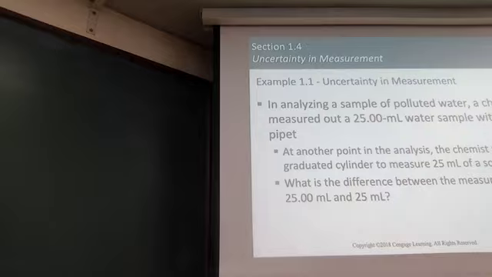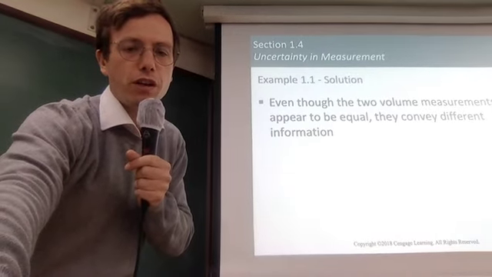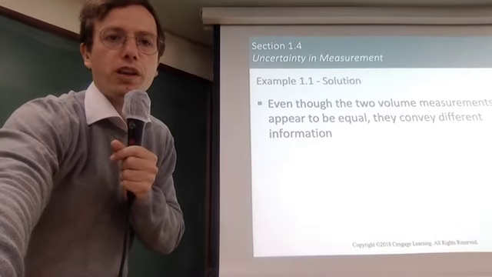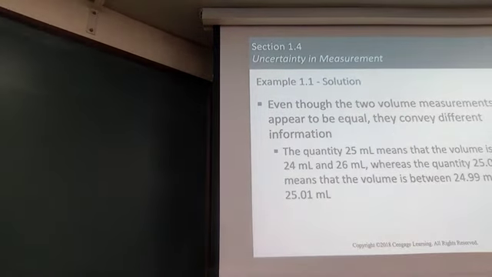With a pipette. At another point in the analysis, the chemist used a graduated cylinder to measure 25 milliliter of the solution. What is the difference between these two measurements, 25.00 milliliter and 25 milliliter? Even though they appear equal, they convey different information, right? Because 25 milliliter means that the uncertain digit is the 5.